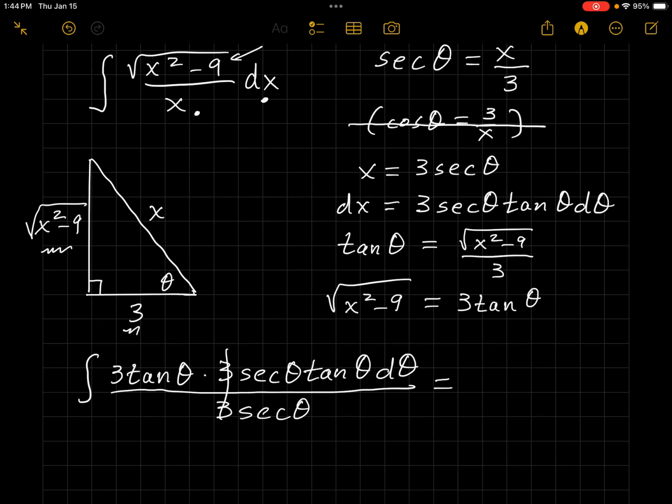Those 3's will cancel, those secants will cancel, and we get 3 times the integral of tangent squared theta d theta.